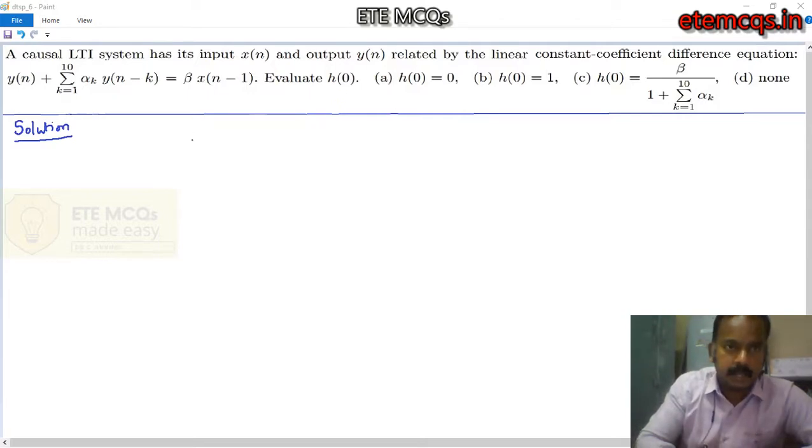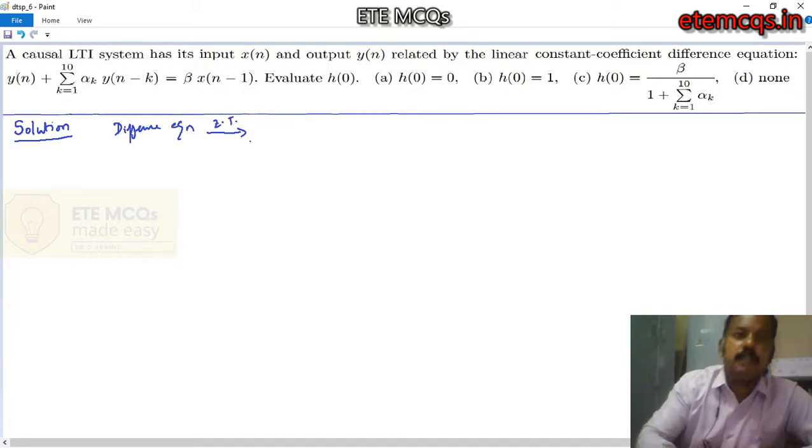So the idea is, you are given the difference equation. You are supposed to apply Z transform to this difference equation and rewrite it so that you get H of z. H of z is nothing but the transfer function.